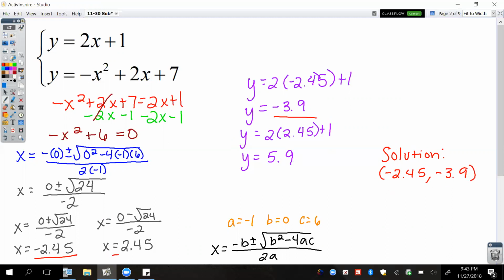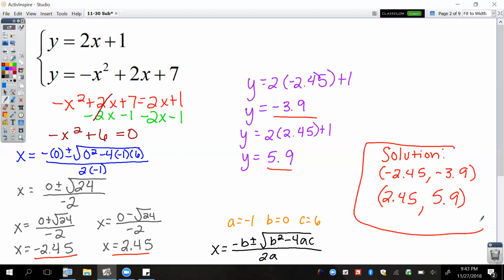And then when my x is 2.45, my y is 5.9. Remember, you can check this on your calculator using that second trace intersect, and I would highly suggest you do that. Again, this is solving the quadratic system with a linear equation, as well as what these two problems were.